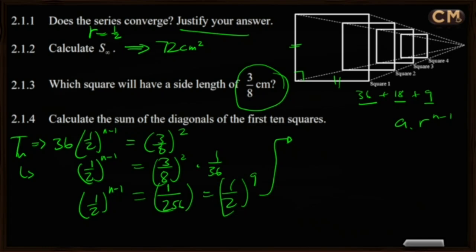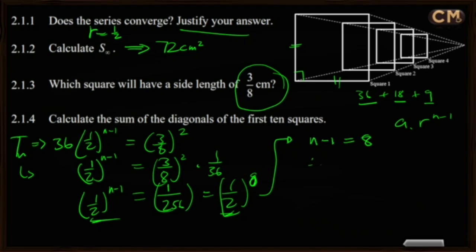That needs to be an 8, of course. Therefore we have the same basis, so n minus 1 is equal to 8.